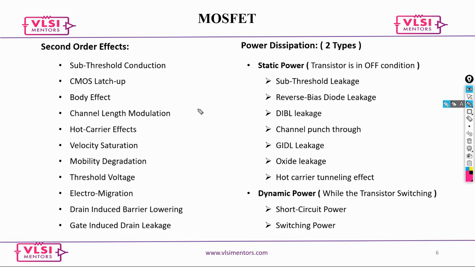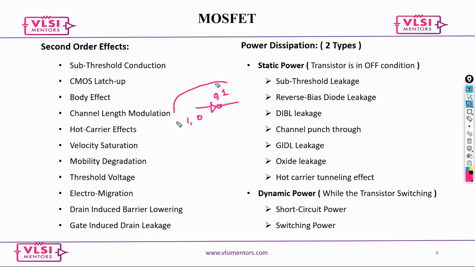Say you have an inverter, you give 0 and you get 1 here. This is something that we call switching, or vice versa. You give 1 here and it becomes 0.